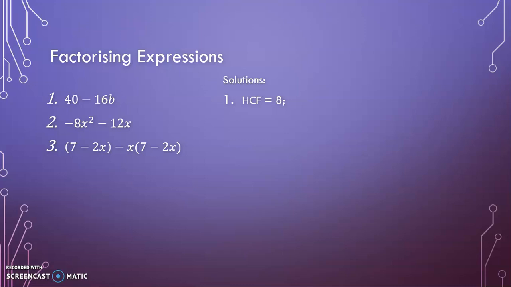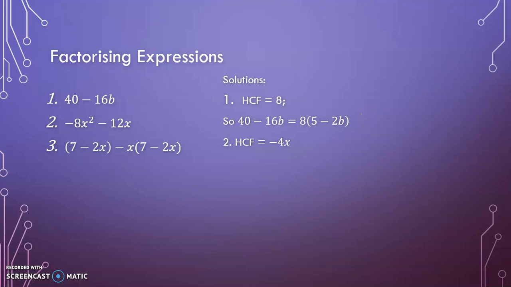If you don't know if it's 8, you can start by taking out 2 and another 2 and another 2 until the two numbers 40 and 16 are left with no common factors. So we take 8 out. Whatever has left in the bracket, 5 for 40, negative 2b for negative 16b, and you notice that 5 and negative 2b don't really have a common factor.